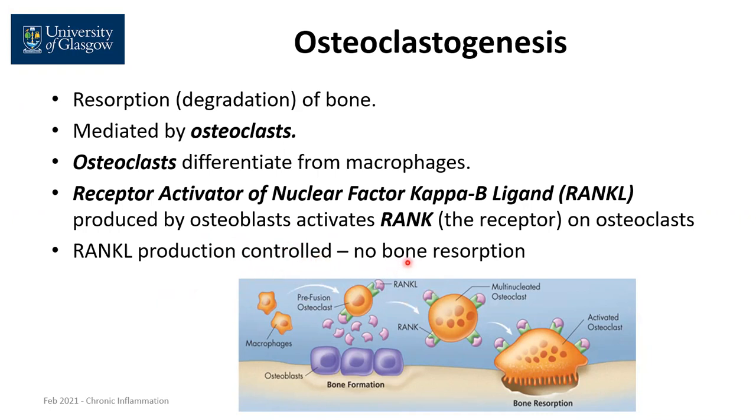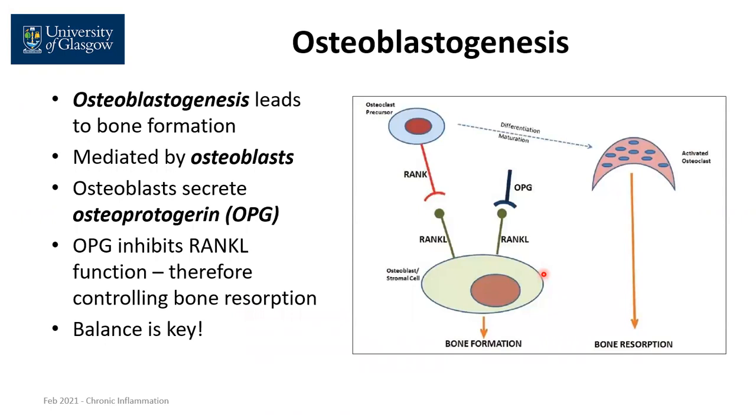And this production is controlled, and thereby you do not lead to any excessive amounts of bone resorption. And of course, as I've said, this balance, this homeostasis, can be tipped within a disease such as periodontitis. So we've talked about RANKL and we've talked about RANK.